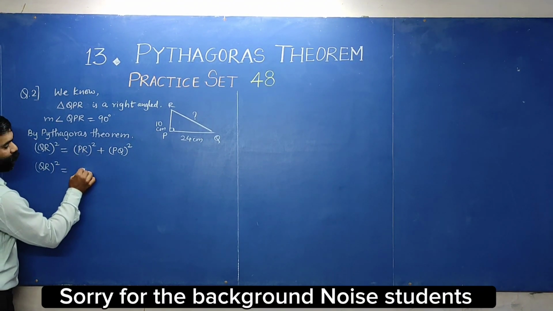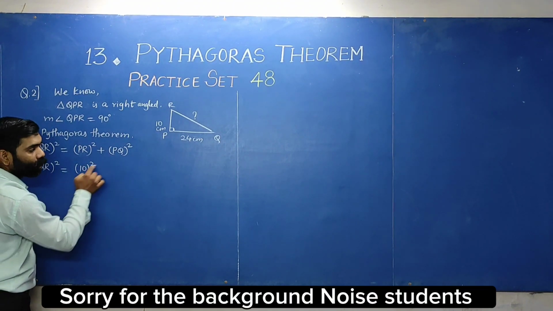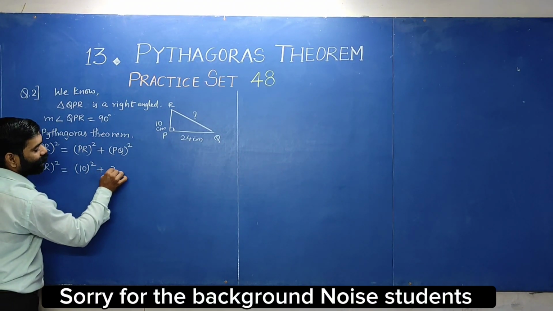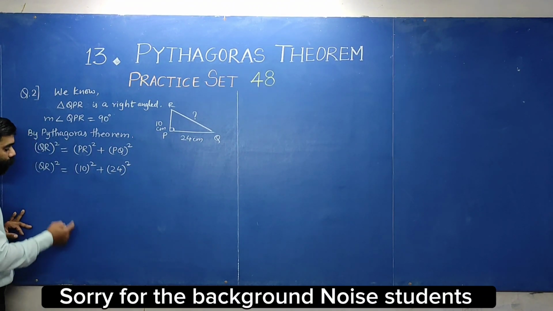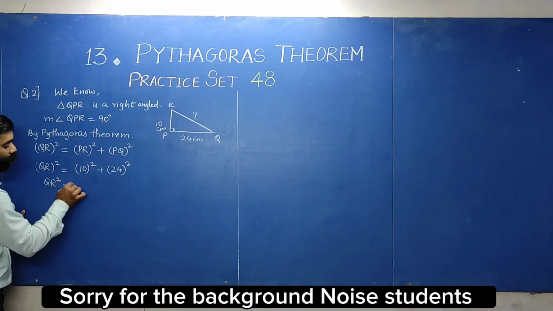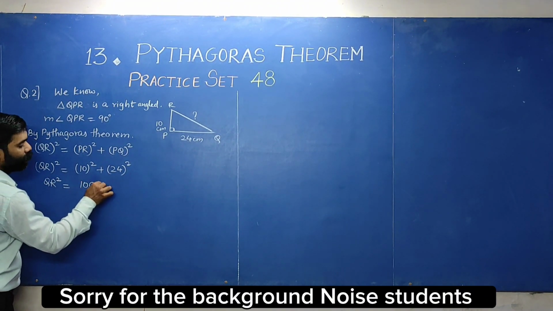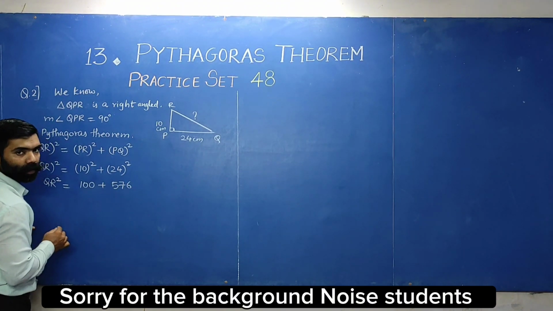The value for PR is 10, so we will write 10. QP is 24, so we will write 24. Now the square of QR is QR square, 10 square is 100, 24 square is 576.